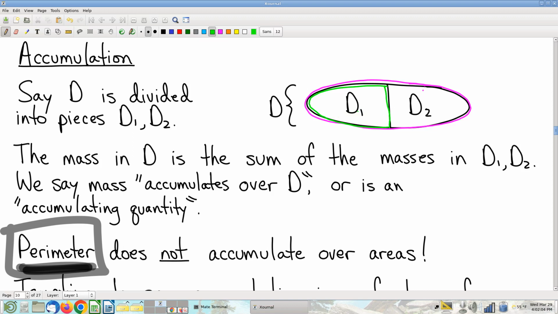So what I have in green there is the perimeter of the left half of the area. Now I'm going to look at the right half of the area. Let me draw a picture of the perimeter of the right half of the area. Like this.